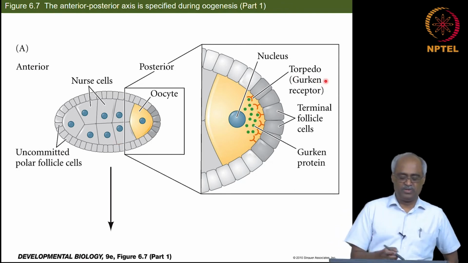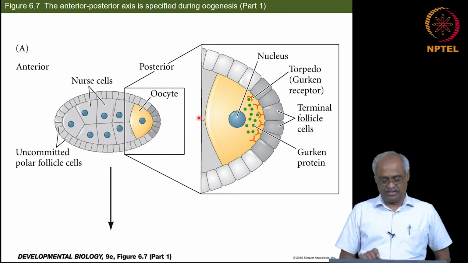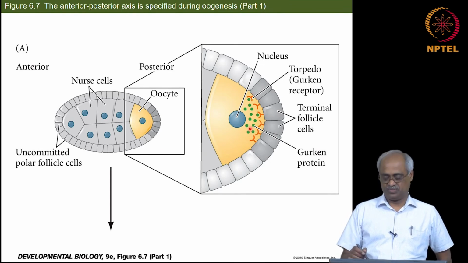This Gurken mRNA gets transported into the oocyte and ends up localizing between the oocyte nucleus and these follicle cells. The red dots are not the mRNA, that is the protein. The mRNA, Gurken mRNA, gets put in this region.